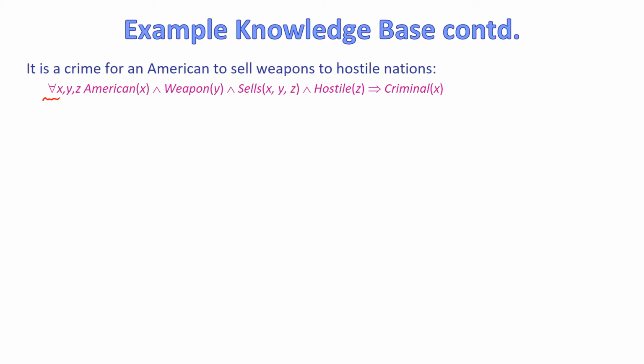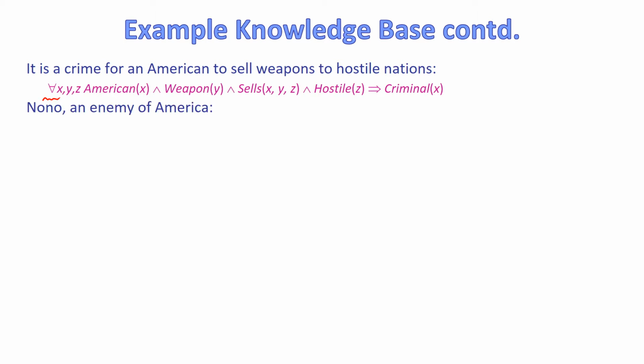So if X is an American and Y is a weapon, and X sells Y to Z, and Z is a hostile country, then X is criminal. So that's the conversion from this natural language into a definite clause.